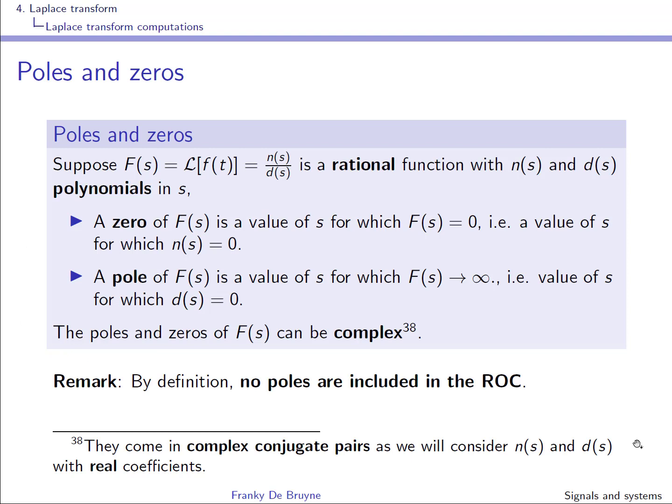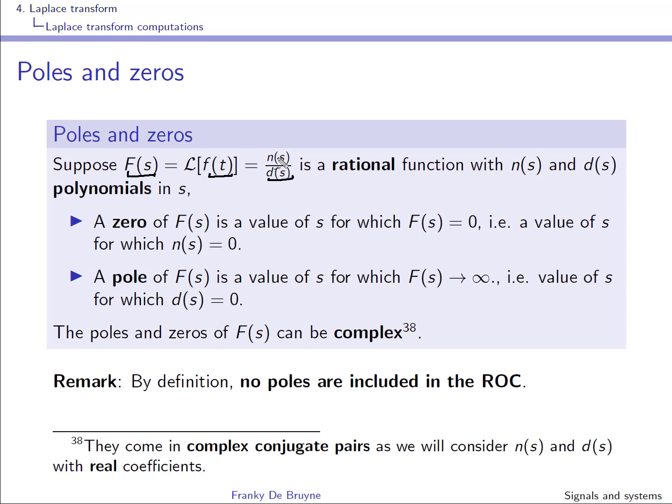So in this slide we introduce the concept of a pole and of a zero. Let's take the Laplace transform of the time function f of t. It will be F of s, and in general, as we've seen in several examples now, what we'll have is a rational function in s.